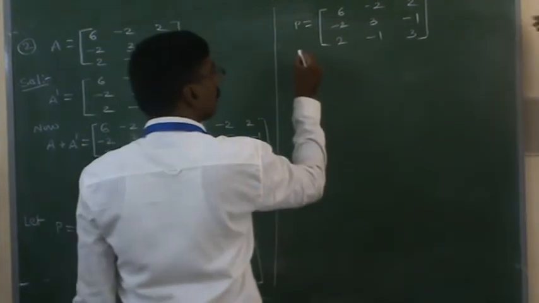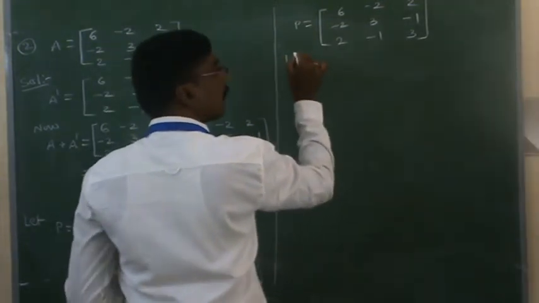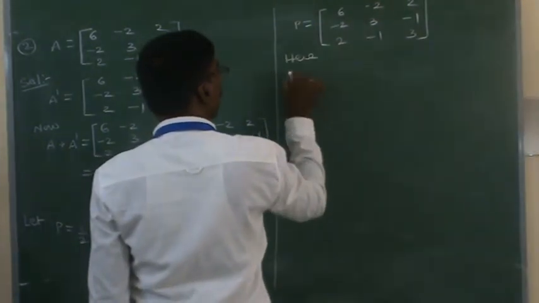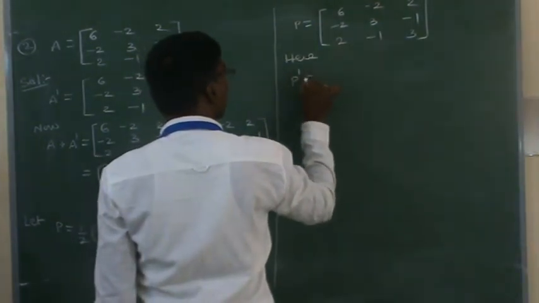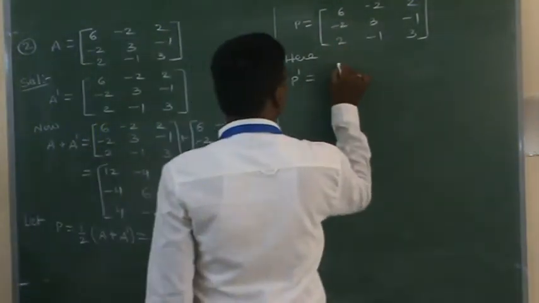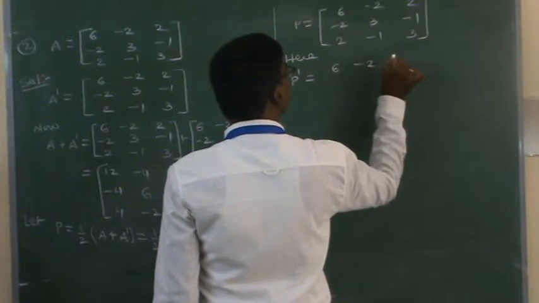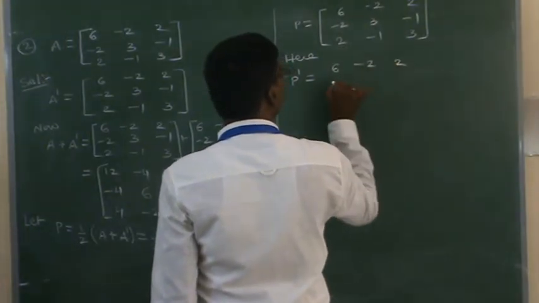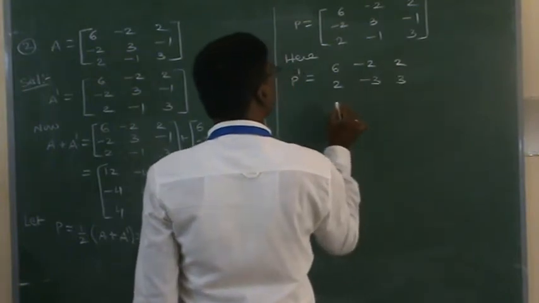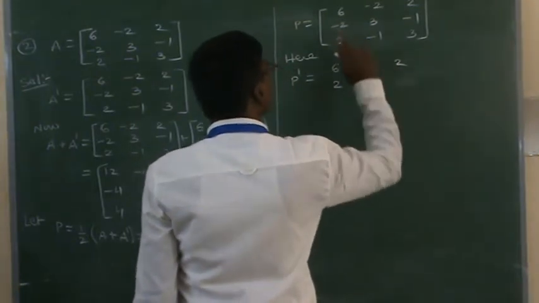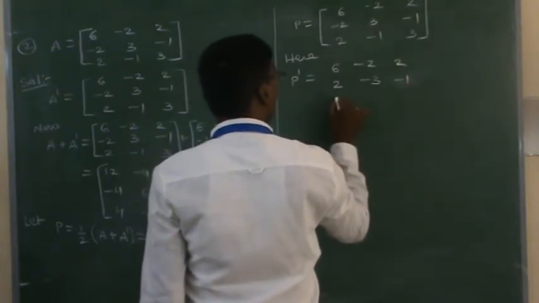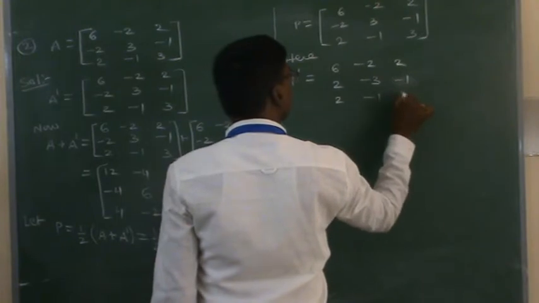Now find the transpose of P. Once we find the value of transpose of P, we get the same matrix: 6, minus 2, 2; minus 2, 3, minus 1; 2, minus 1, 3.